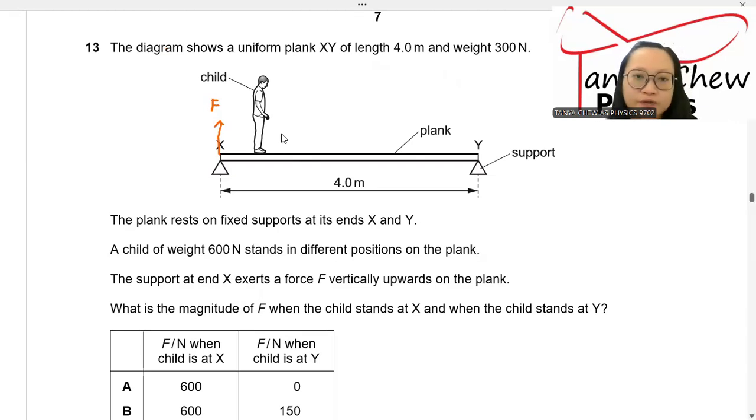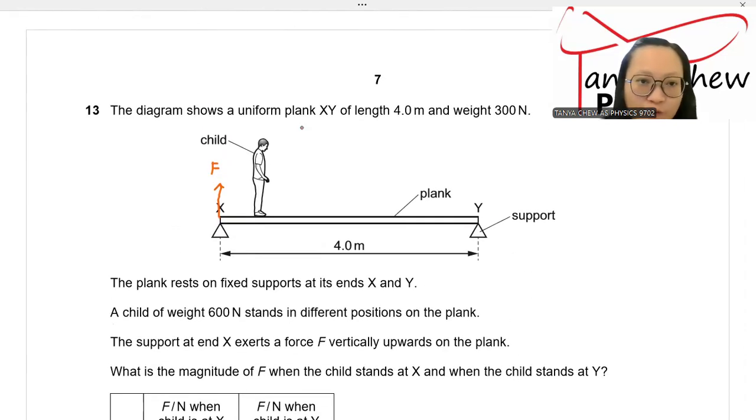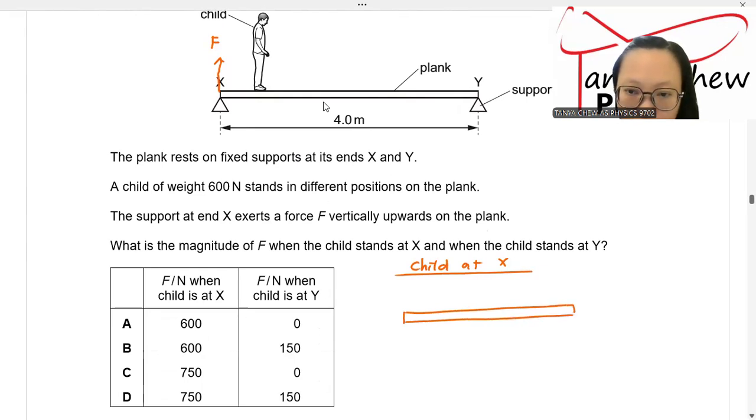Okay, when the child stands at X, I want you to focus on X only. This is a plank, this is point X, and this is the child.